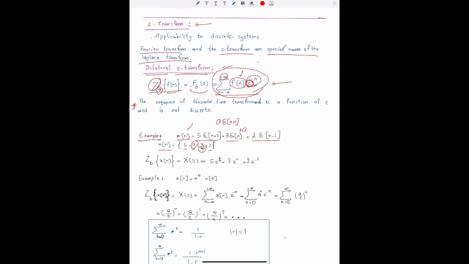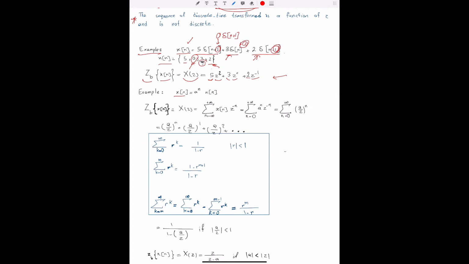That's why we have 0 here, and then 3 and 2 that we wrote here. Now, if we want to take the Z transform of x of n, what we have is X of z equal to 5 z to the power of 2, because this is for delta n plus 2, plus 3 z to the power of 0, plus 2 z to the power of minus 1. Okay, so this is the Z transform of that.